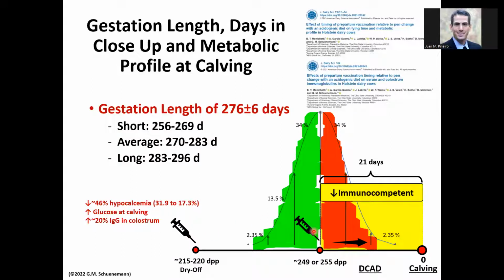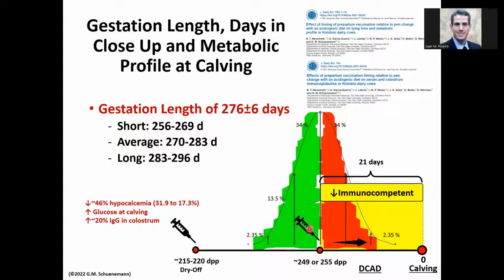This interferes with the anionic diet because you move the cow from the dry off to the prepartum pen, you give the vaccine, the vaccine will trigger an inflammatory process for about 7 days, and that interferes with the parathyroid gland, the receptor responsible for upregulating calcium. So the anionic diet is trying to stimulate the receptor while the inflammatory reaction from the vaccine inhibits it.